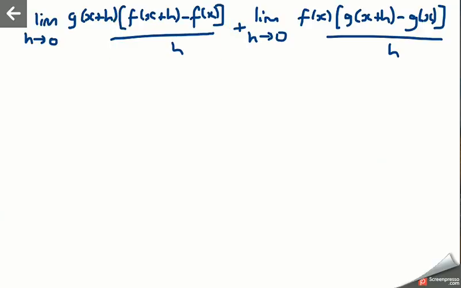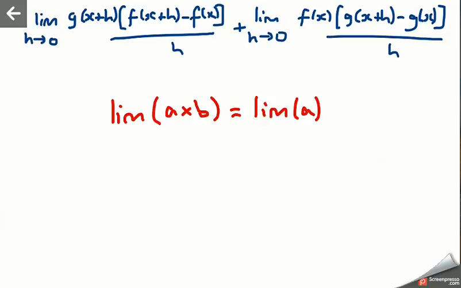In other words, the limit of a times b must be equal to the limit of a times the limit of b, if a and b are both getting closer and closer towards something each. So that's what we're going to use now.